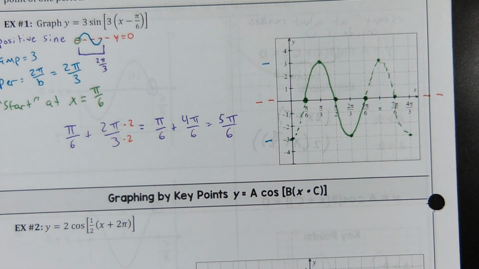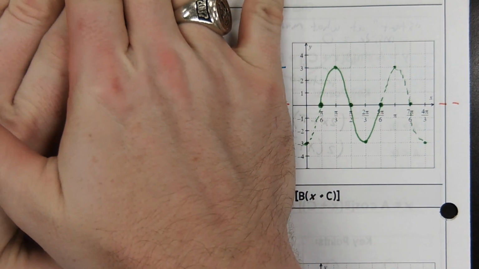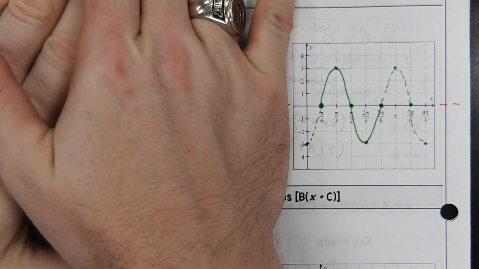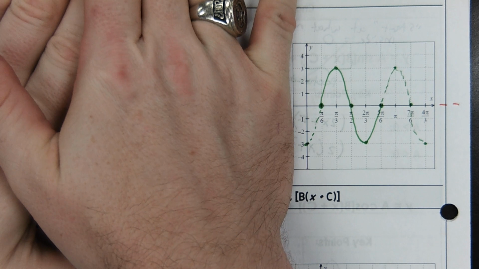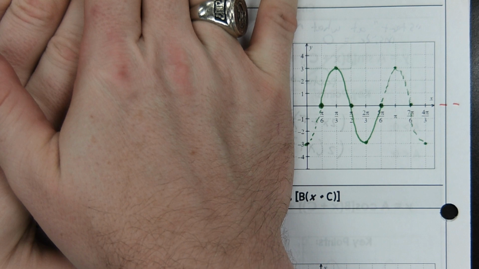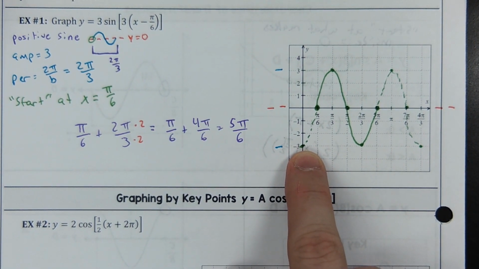But I'd like you to now look at this image and tell me, if you had no equation, what would be a really easy model to use for this picture? A negative cosine, because it starts at a minimum. It's upside down. But if you say it's a negative cosine wave, you could start right there and have no phase shift. Wouldn't that be easier?